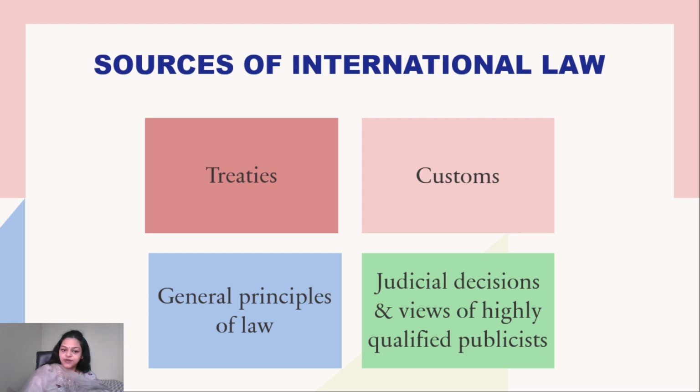Treaties, customs, general principles of law, and judicial decisions and views of highly qualified publicists. The treaties would be A, customs would be B, C is general principles of law recognized by civilized nations of the world, and D would be judicial decisions plus views of the most highly qualified publicists.